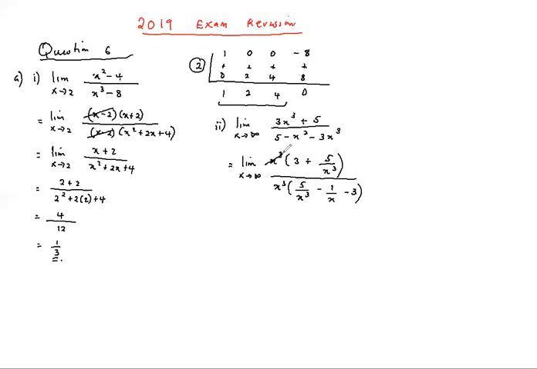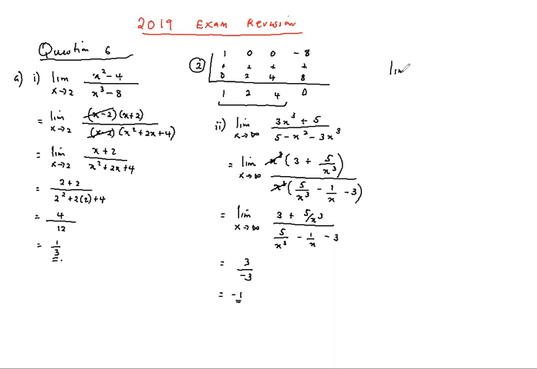And then this x cubed and that x cubed go, so we remain with the limit as x goes to infinity of 3 plus 5 over x cubed divided by 5 over x cubed minus 1 over x minus 3.